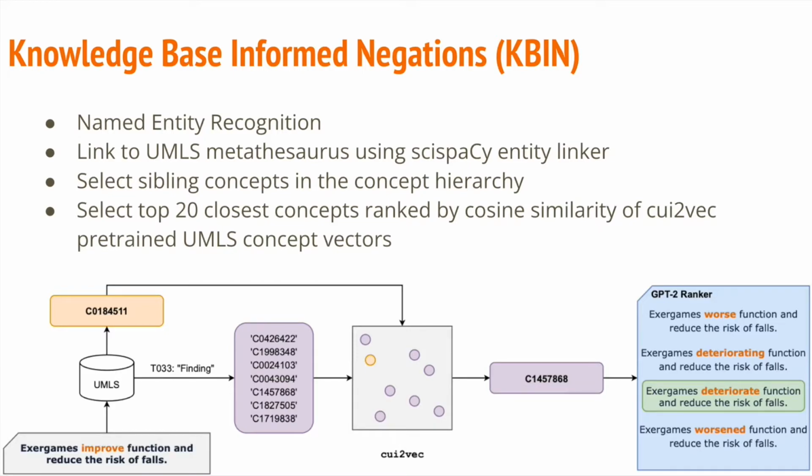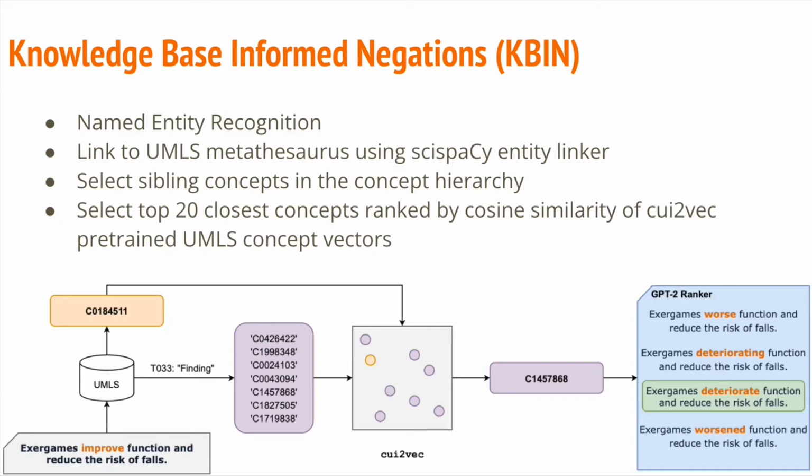CUI2VEC, as you may infer, is just a traditional word embedding kind of algorithm, just like word2vec and GloVe, trained on the UMLS concepts. So it's just embedding the UMLS concepts to vectors.